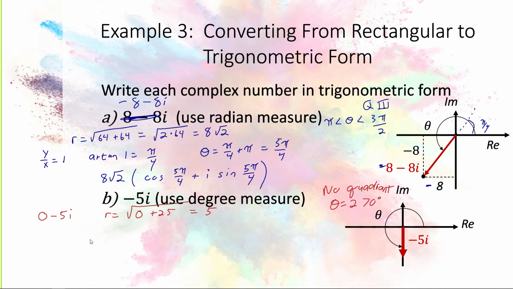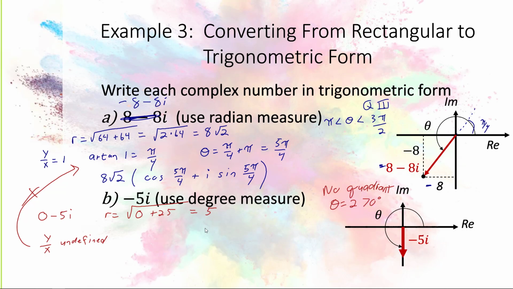Now, for theta, once again, we have that y over x is undefined. So we really cannot use that approach. That's not going to work for us. But by inspection, we can see that theta is equal to 270. So with that in mind, we are pretty much done.